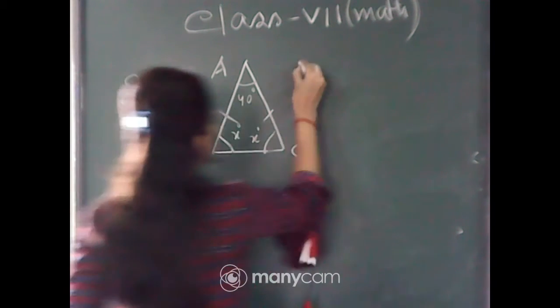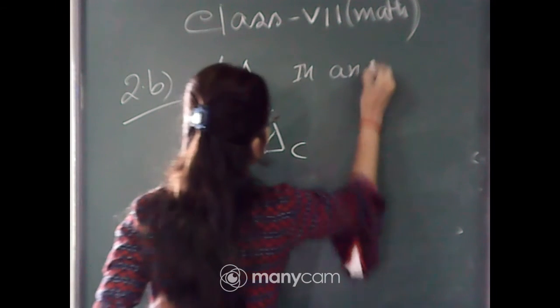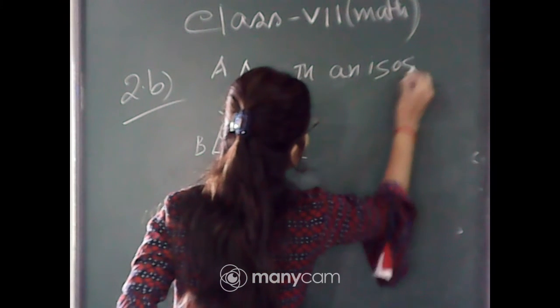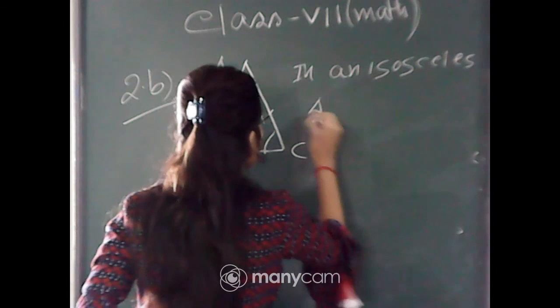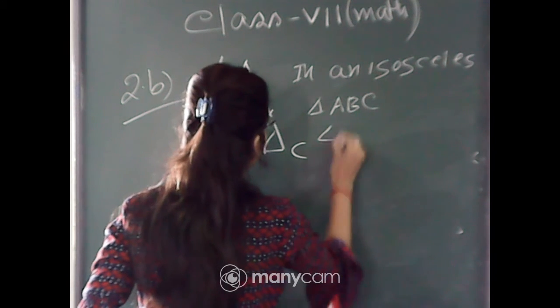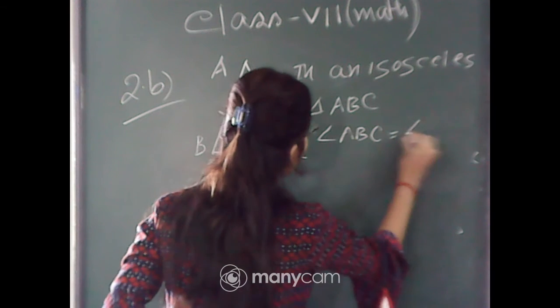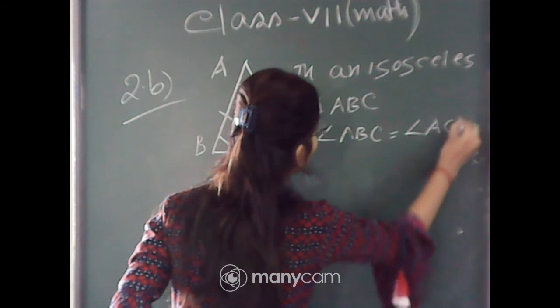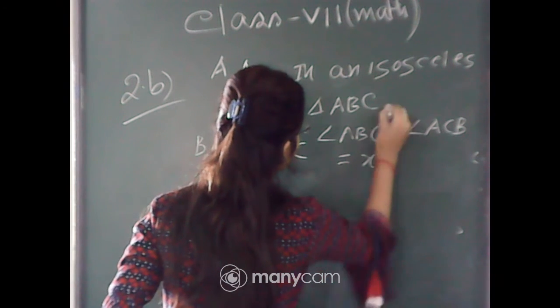In isosceles triangle ABC, angle ABC is equal to angle ACB is equal to x degree.